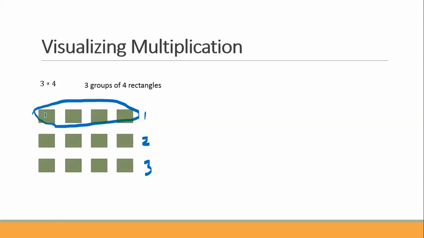If you count them, we have 1, 2, 3, 4, 5, 6, 7, 8, 9, 10, 11, 12. So 3 groups of 4 rectangles is 12 rectangles. So 3 times 4 is equal to 12.